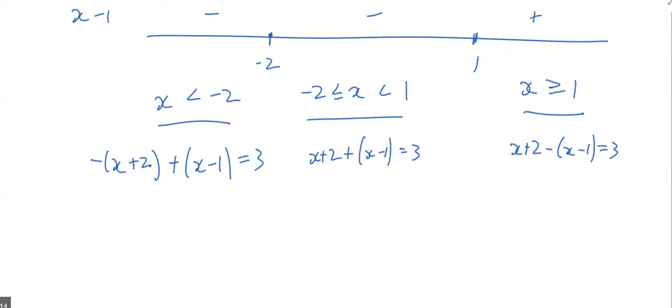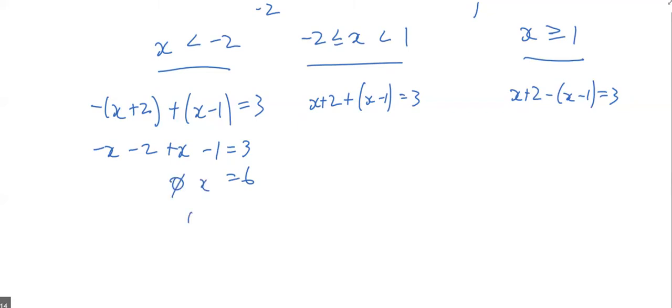So I'm going to get 6 on this side and 0x, or 0 equals 6. Never true. 0x never equals 6. 0 does not equal 6.